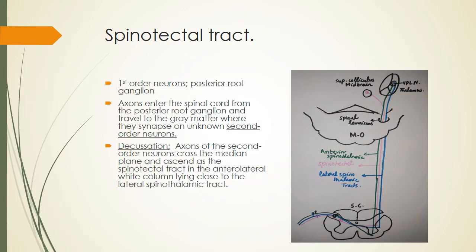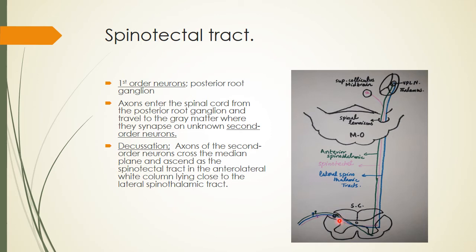The next is the spinotectal tract. The first order neurons for the spinotectal tract are again present in the dorsal root ganglion. Axons enter the spinal cord from the posterior root ganglion and travel to the posterior gray column, where they synapse with some unknown second order neurons.